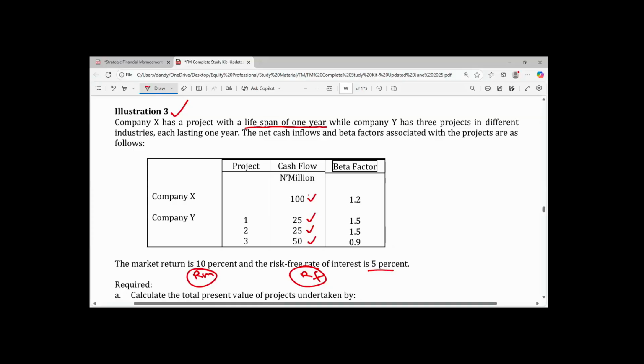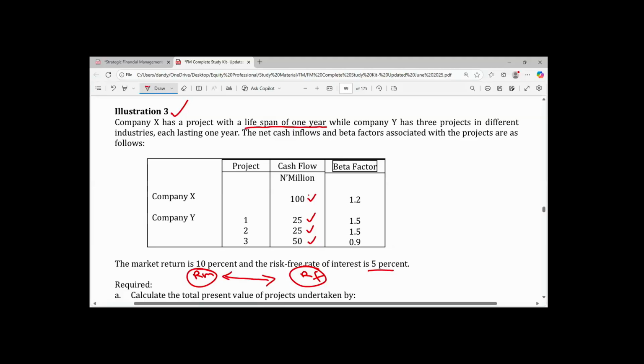Each project has 1 year life. Therefore, you need to discount the cash flow at the appropriate cost of capital. In this question, you are not given cost of capital, but you are given information to calculate capital asset pricing model, because you are given market return and risk-free rate of return.